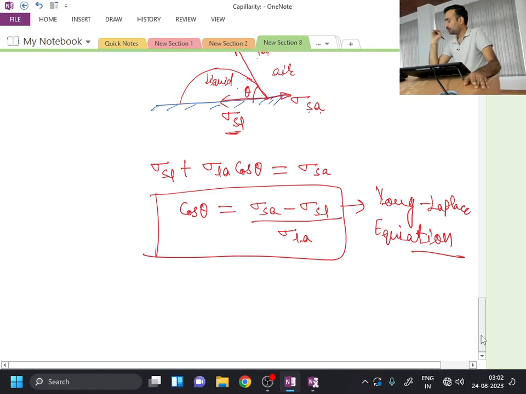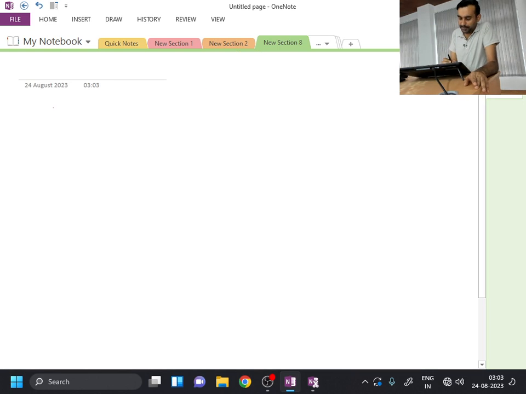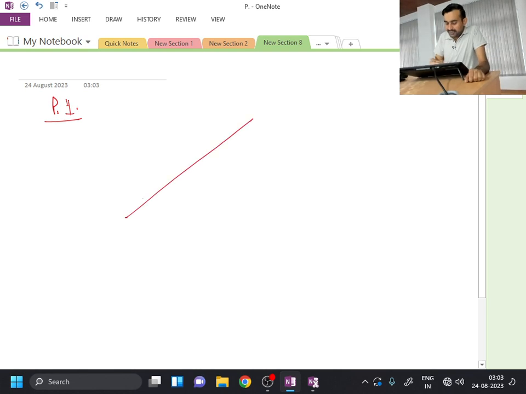Now today we will practice some numerical problems based on viscosity and surface tension. So let's talk about problem number 1. Let us consider an inclined solid surface with angle of inclination theta equal to 15 degrees.